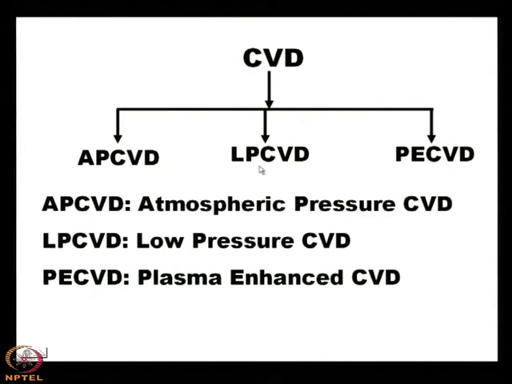One is LP, low pressure, another is AP, atmospheric pressure, and third one is the plasma enhanced. So, as the name implies, in atmospheric pressure CVD, your CVD reactor will be at atmospheric pressure. Okay. So, what do you mean by the CVD reactor?